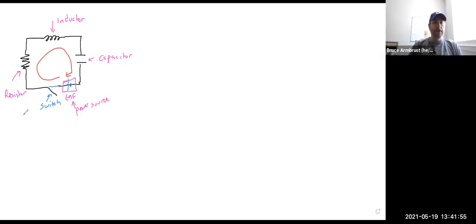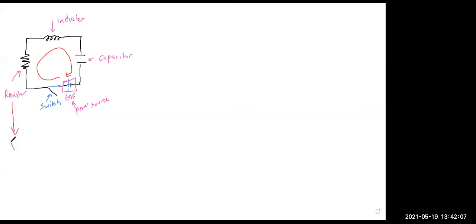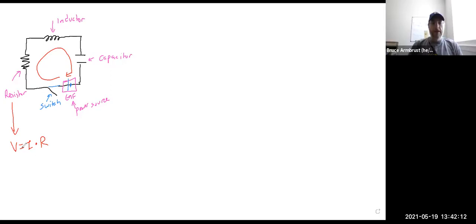I'm curious if anybody remembers. Let's start with the resistor. Does anyone remember how much voltage you lose over a resistor? V equals IR, right? All right, awesome. Good memory. Here, V is equal to IR. I is the current, and R is the resistance.